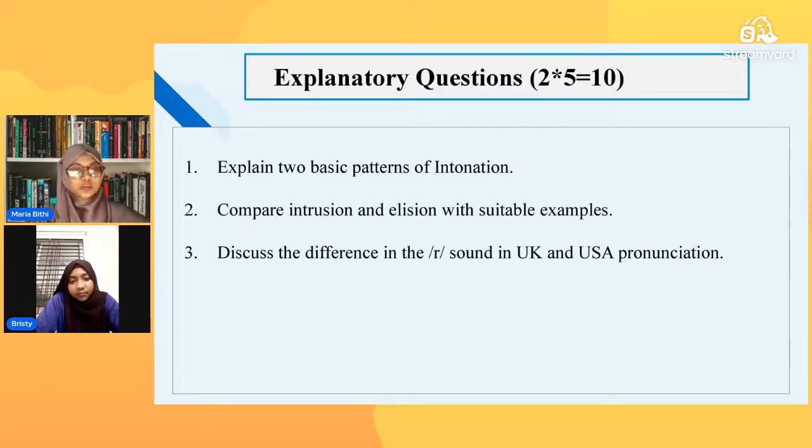So are you done, or is there anything to add? Miss, I can give some examples. Like in UK pronunciation, we pronounce mother, father, and in USA pronunciation, we say mother, father.